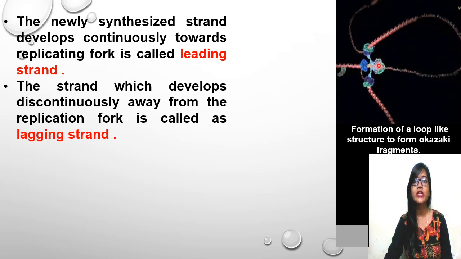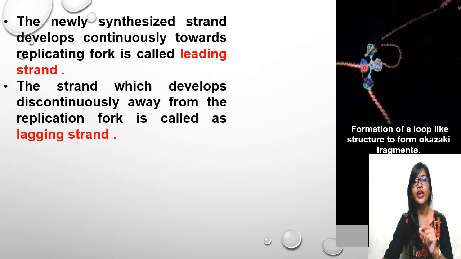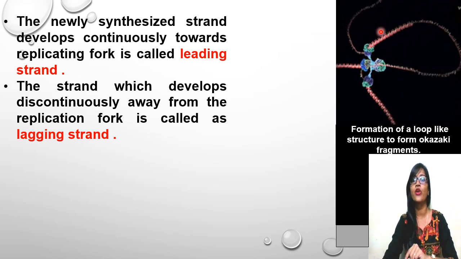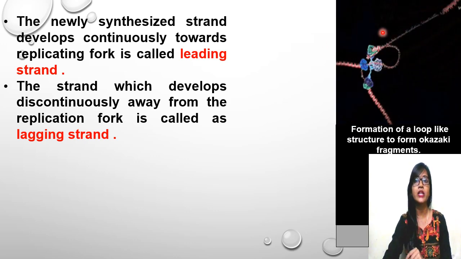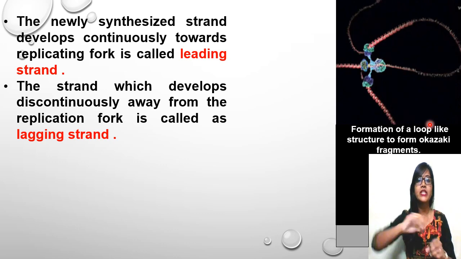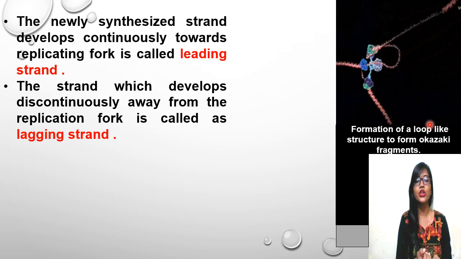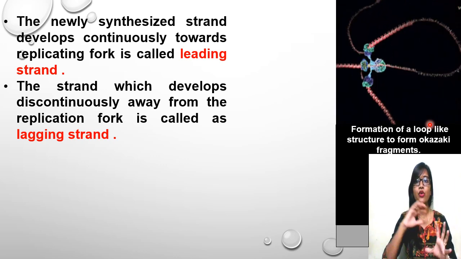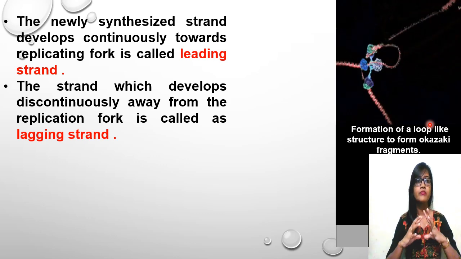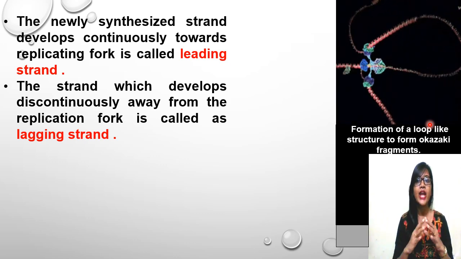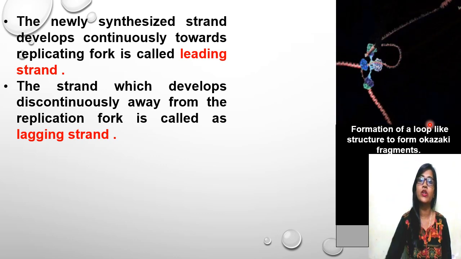Talking about this lagging strand, it is the strand which develops discontinuously away from the fork. This is the replication fork, and the synthesis of the strand is away from it. So it forms a loop-like structure, and there is addition of the nucleotides, because the 5' to 3' end is the basic requirement for the DNA polymerase for its activity.